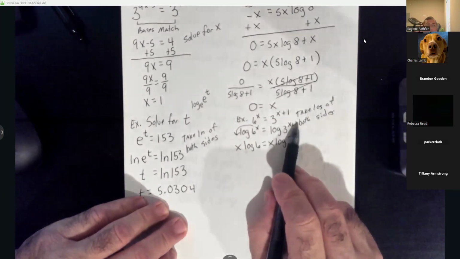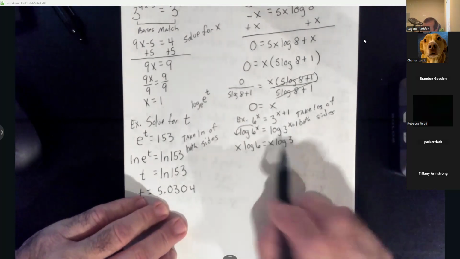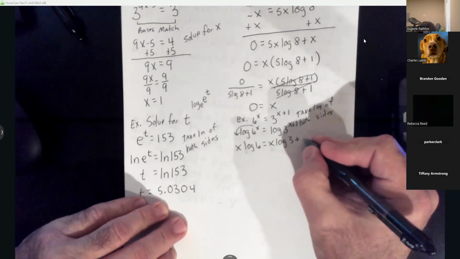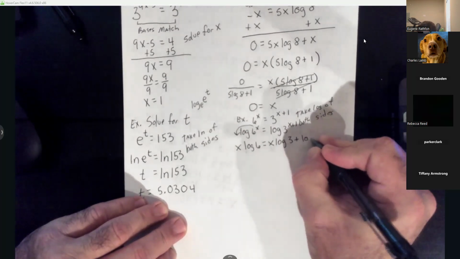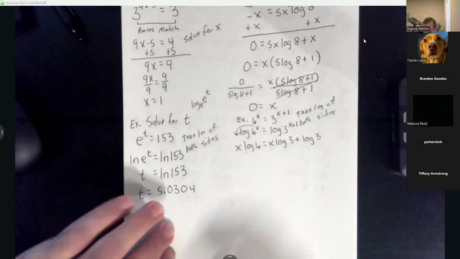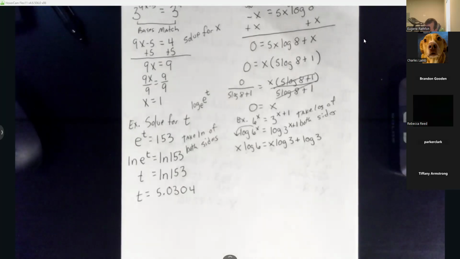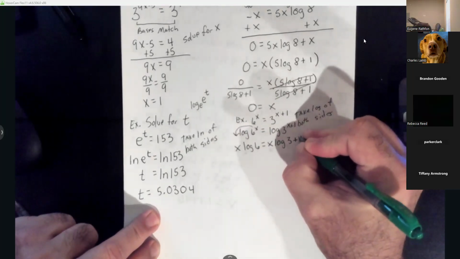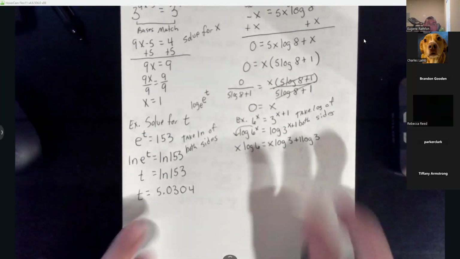But then you got to bring the 1 down times the log 3. So you have your plus, and then 1 times log 3 is just a log 3. But y'all remember that still technically has a 1 in front of it, okay?